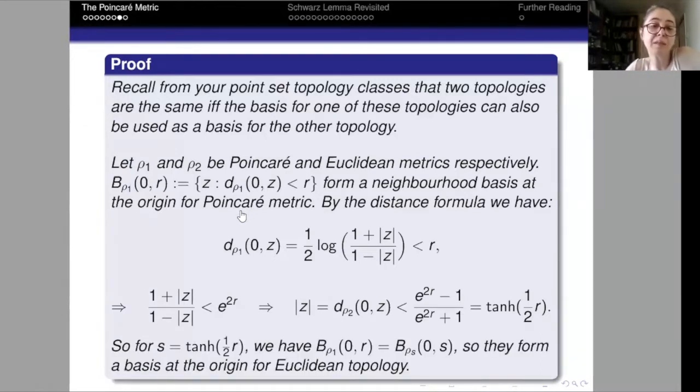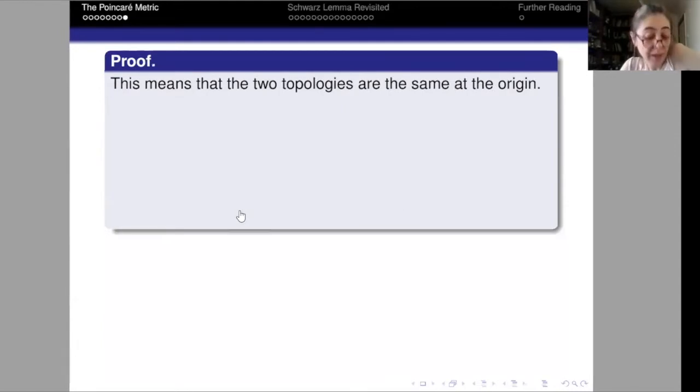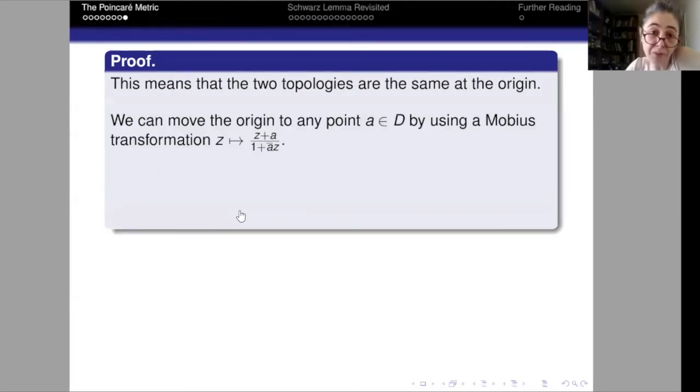So this means that if we take s equal to tanh r, we have the ball B rho 1 (0, r) equal to the ball B rho 2 (0, s). So these both also form a basis at the origin for the Euclidean topology. This means that the two topologies are the same at the origin. What about the other points?